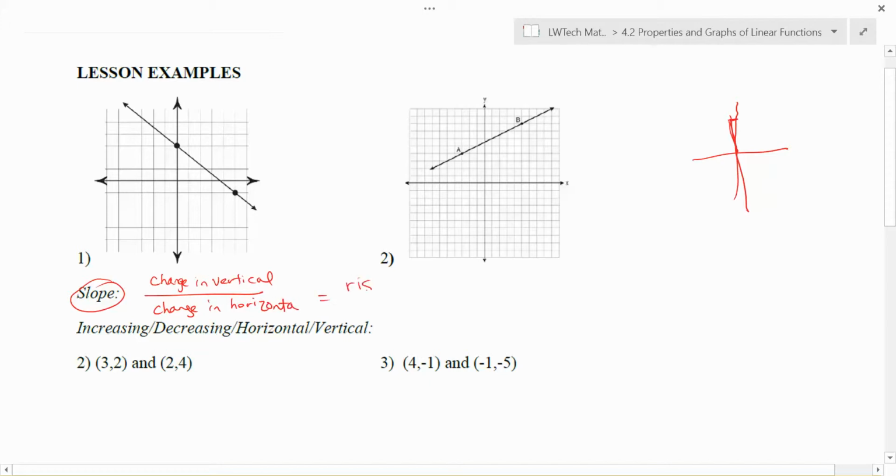A lot of people refer to this as rise over run. So when we look at the slope, we're looking at how our points change in rise, up and down, and then how they change in the run direction, left and right, horizontally.